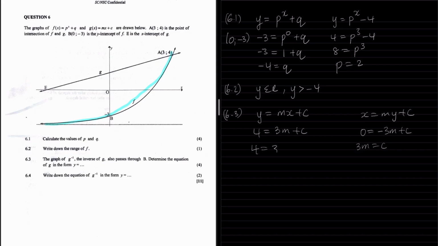So 4 = 3m + 3m. 4 = 6m. m = 4/6, which is 2/3. And so if I want to calculate the c value, it will be 3 times 2/3, and that's going to cancel, and so c = 2. So my equation is going to be y = (2/3)x + 2.